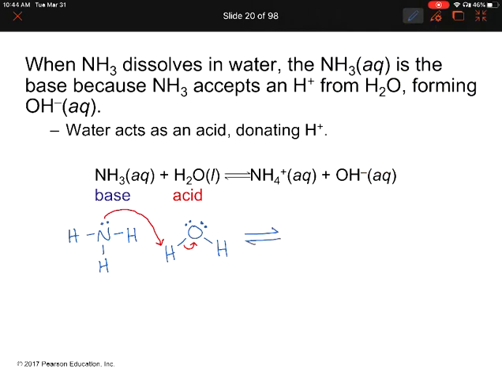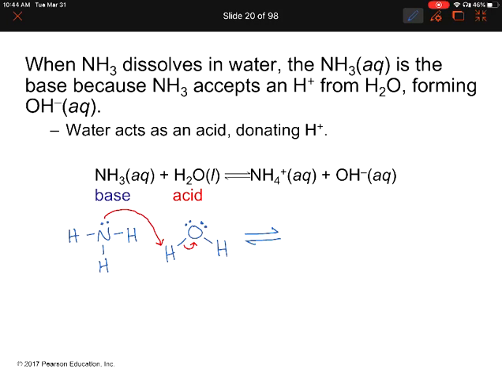Now you'll notice that I drew double arrows here, and that's because this is a reversible reaction. So this goes back to our discussions on equilibrium from chapter 15, so that's from Chem 162.